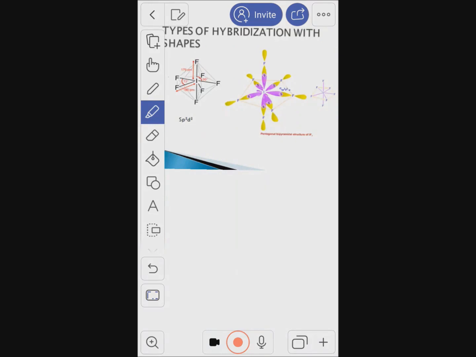Next type of hybridization is sp3d3 hybridization, in which one s atomic orbital is mixed with 3 p orbitals, that is px plus py plus pz, and 3 d orbitals, and they form 7 new hybrid orbitals.